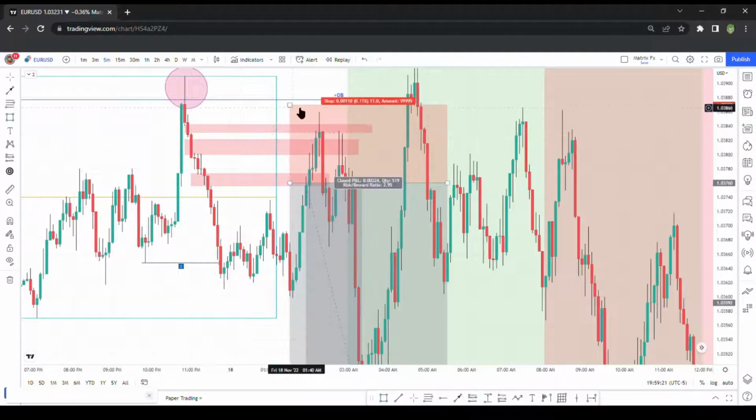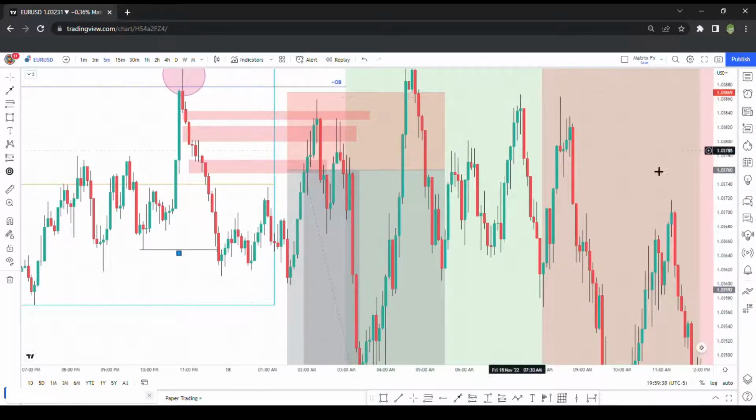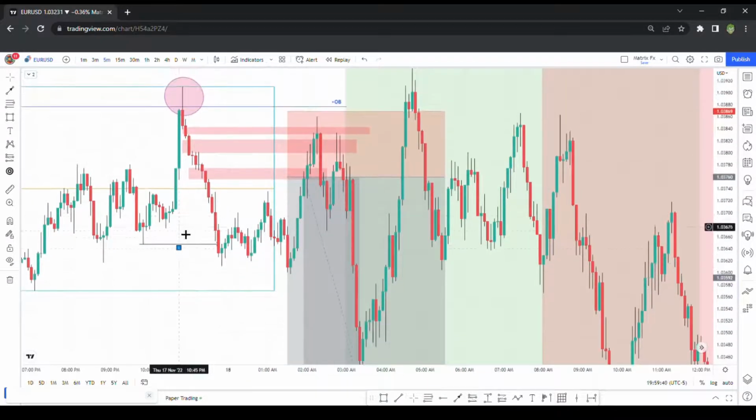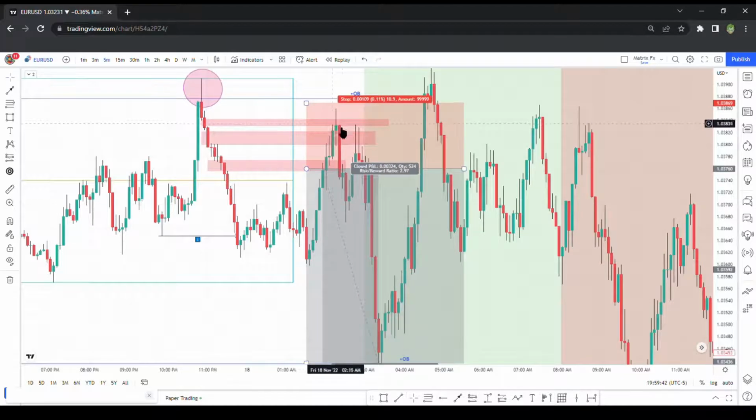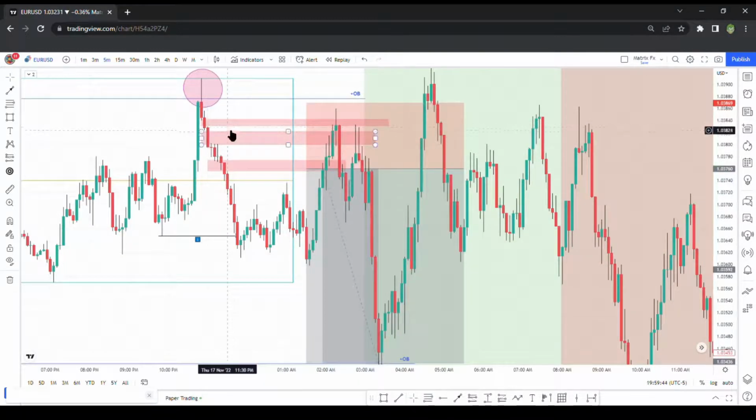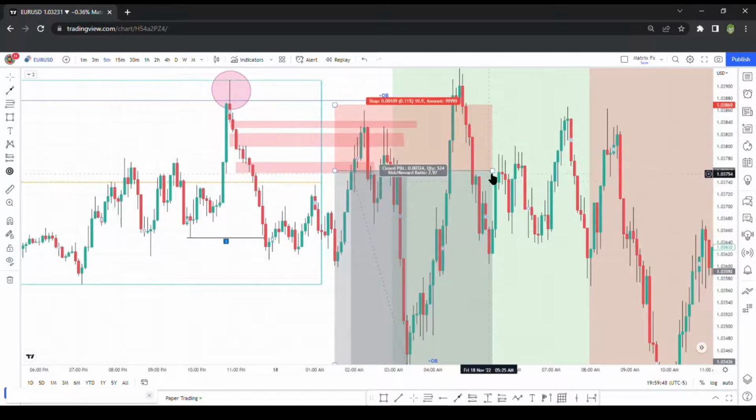So there are 3 fair value gaps above my fair value gap. So what I did was I just took the bodies of this candle, it was actually 10 pips. That was where my stop loss was. Normally the market sometimes doesn't even fill the fair value gap above, but this is just to be on the safe side.